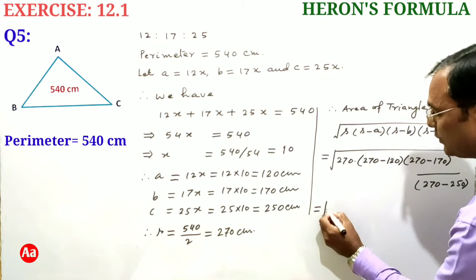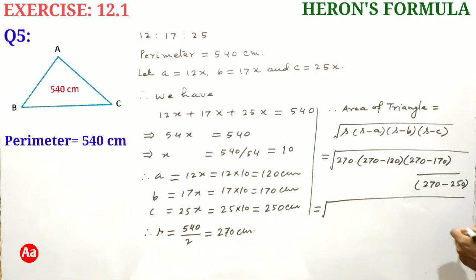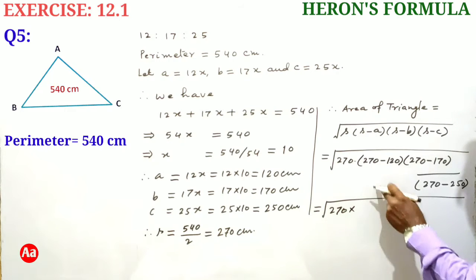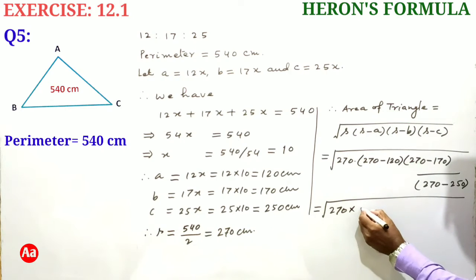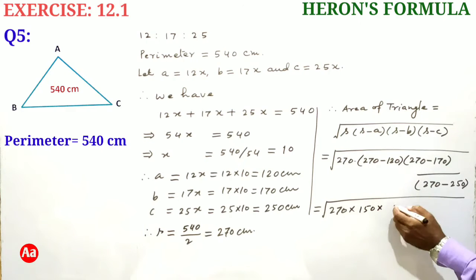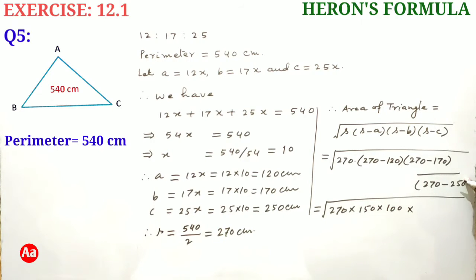This is equal to 270 into 270 minus 120, 150 into 270 minus 170, 100 into 270 minus 250, 20.